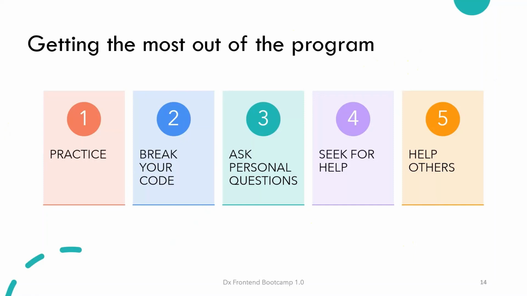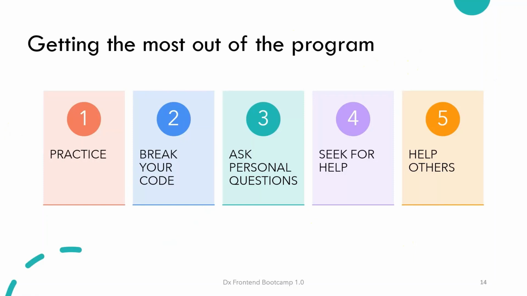Now, the fourth way you could get the most out of this program is by seeking help as you encounter issues. When you try fixing the issues yourself and you can't, you should always ask for help. One of the best ways of doing that is by asking for help in the Slack channel.